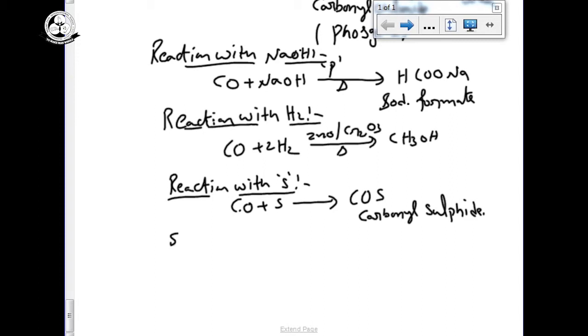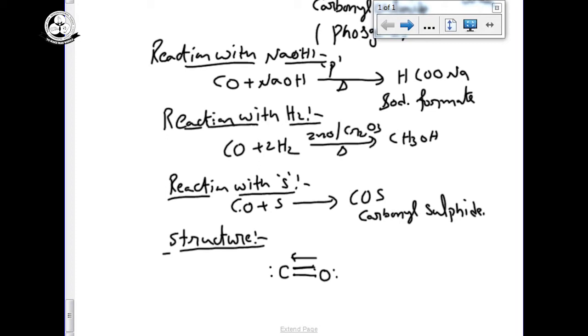Now see the structure, the Lewis dot structure. Carbon is tetravalent, with 4 electrons. Oxygen has 6 electrons. Out of 6 electrons, I write 2 here, 2 here, and there is a double bond here. The remaining 2 electrons oxygen can donate towards carbon to form a dative bond.